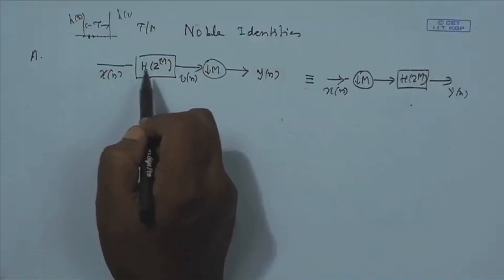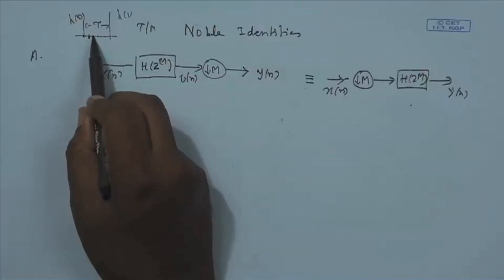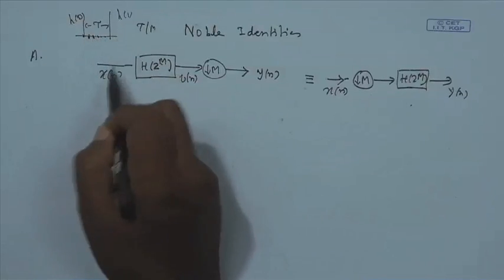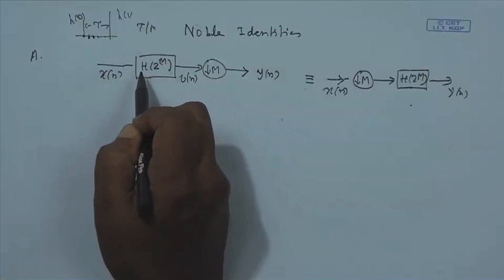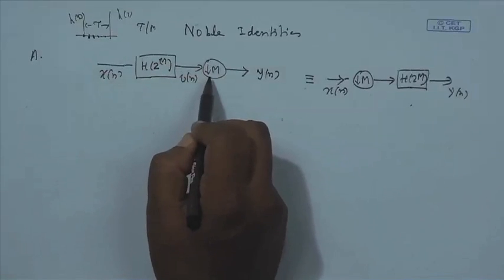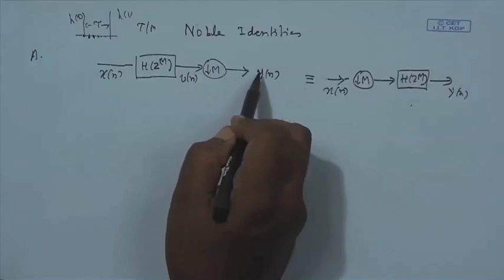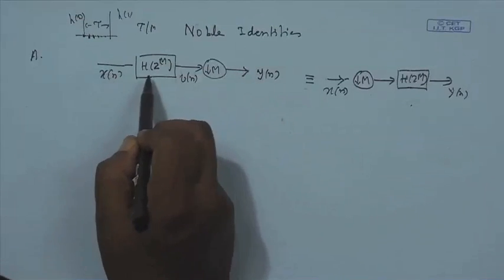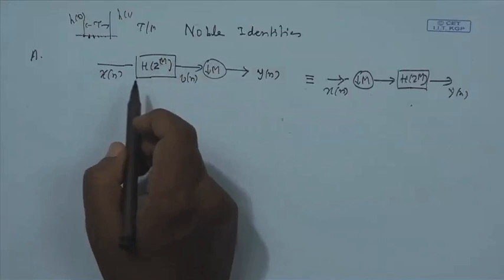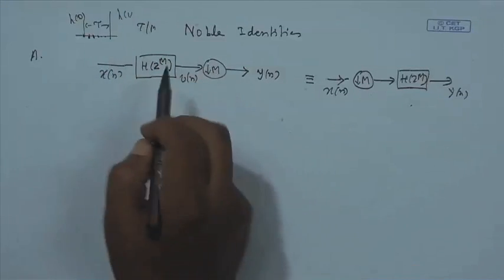So, x of 0 comes, x of 1 comes, x of 2 comes, x of 3 comes, like that. So, this system is working at a high speed. So, it is costly and then you are decimating. So, this is a low speed sequence, its period is tau, but here x n and H(z^M), their clock period is tau by M. So, they are operating at a high speed and therefore, this system is costly.